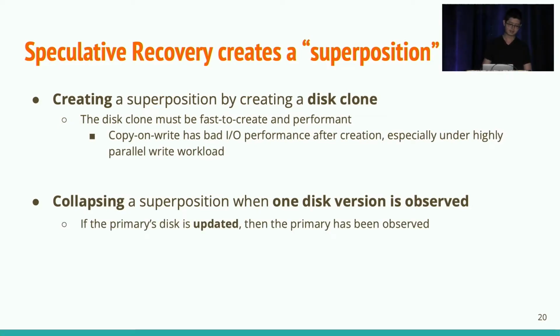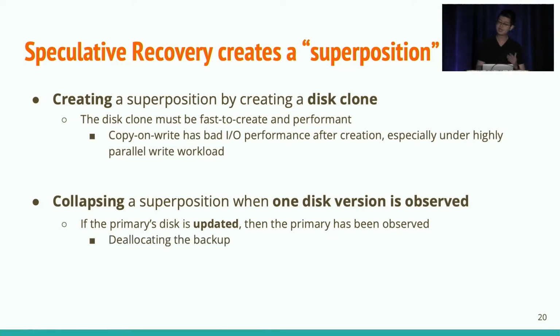For collapsing a superposition, the biggest challenge is to make sure that only one of the versions can ever be observed. And to achieve this, speculative recovery monitors writes to the primary version of the disk. So basically, when a write is applied on the primary disk after entering a superposition, speculative recovery determines that the primary instance has been observed, because that write may cause observable application state change.